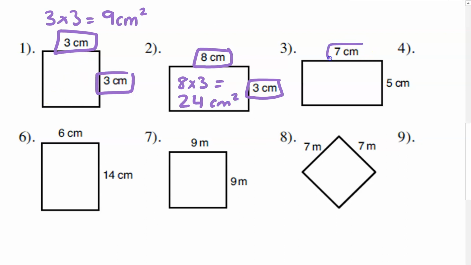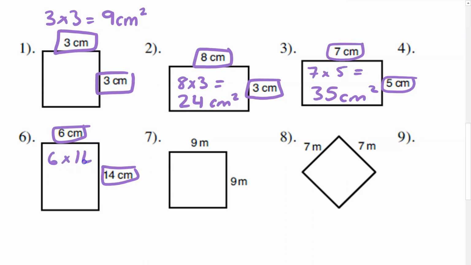This one I've got 7 times 5. I don't know why I wrote it up there, I'm going to write them inside. 7 times 5 is 35 centimetres squared. 6 times 14 is, well, 10 times 6 is 60, 4 times 6 is 24, so that's 84.